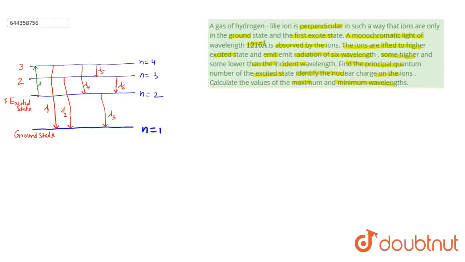So these are the 6 wavelengths, and some are higher than the original wavelength lambda, and some are at a lower wavelength.